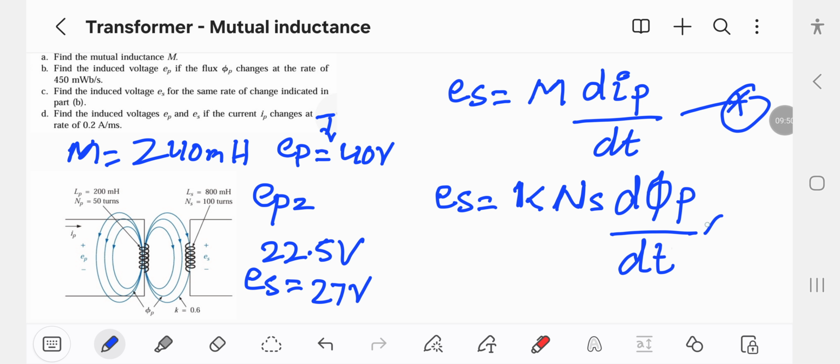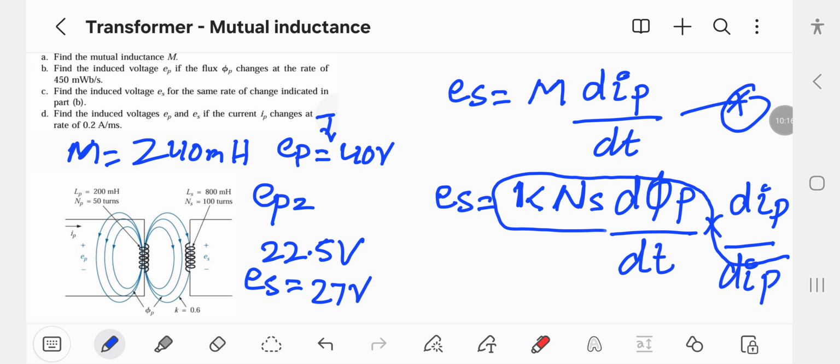Now if we multiply numerator and denominator with this term, what happened? This term is actually equal to the mutual inductance.